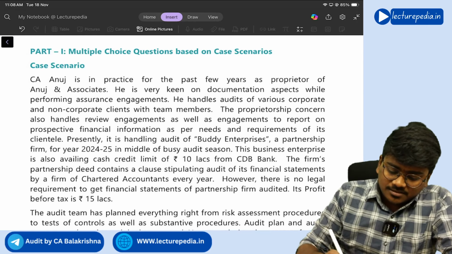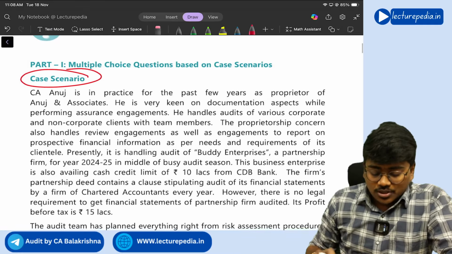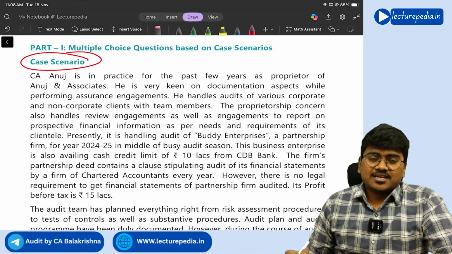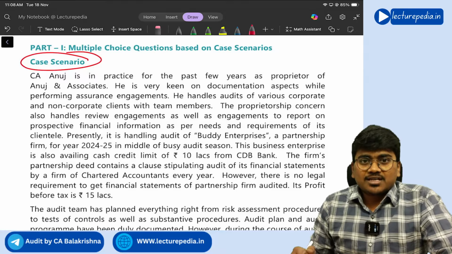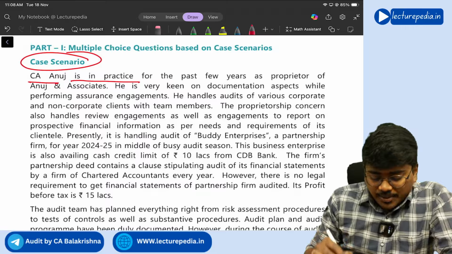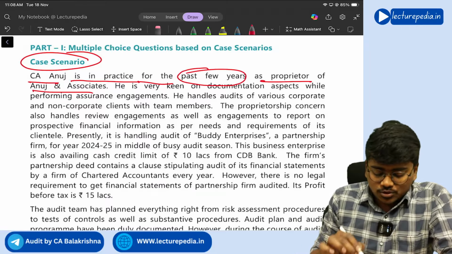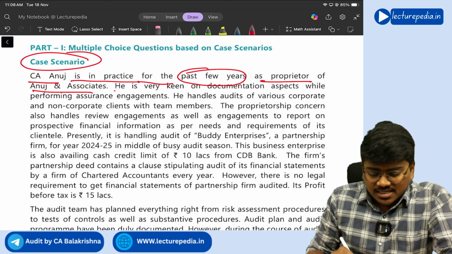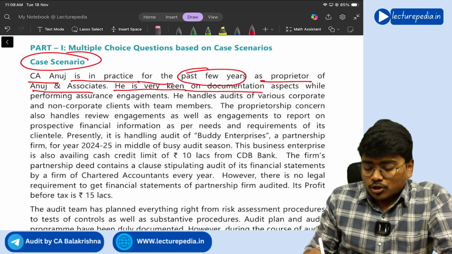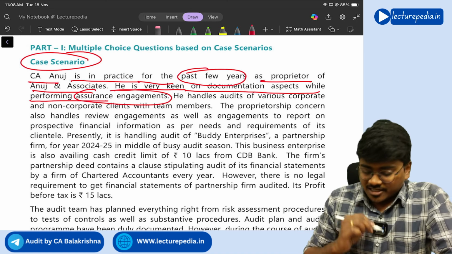So starting with the case scenario based MCQ. Firstly I'll read the case scenario based MCQ, then we'll solve the MCQs. CA Anuj is in practice for the past few years as proprietor of Anuj and Associates. He is very keen on documentation aspects while performing assurance engagements.